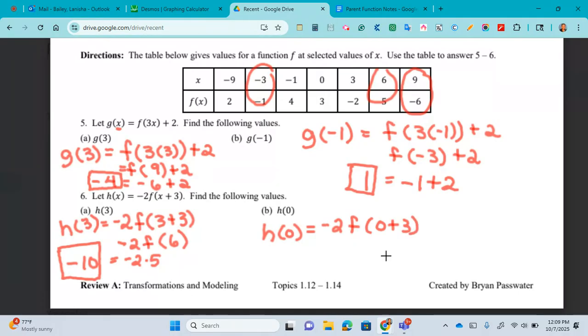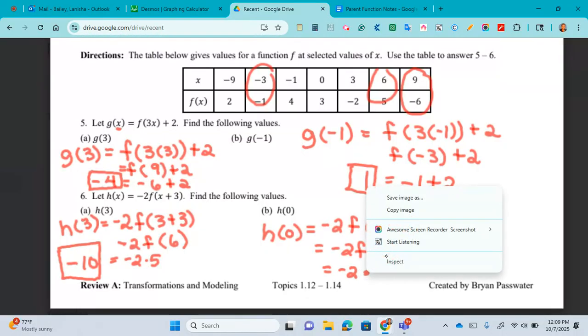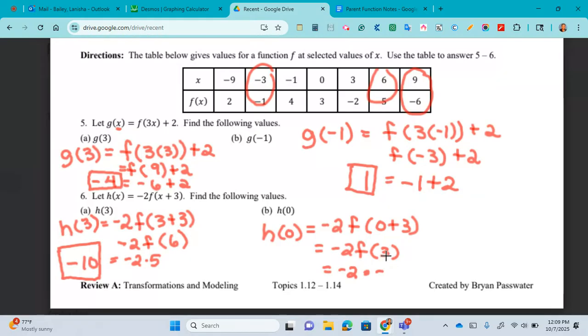Zero plus 3 is 3. f of 3: when my x is 3, my y is -2. And -2 times -2 is +4. Any questions?